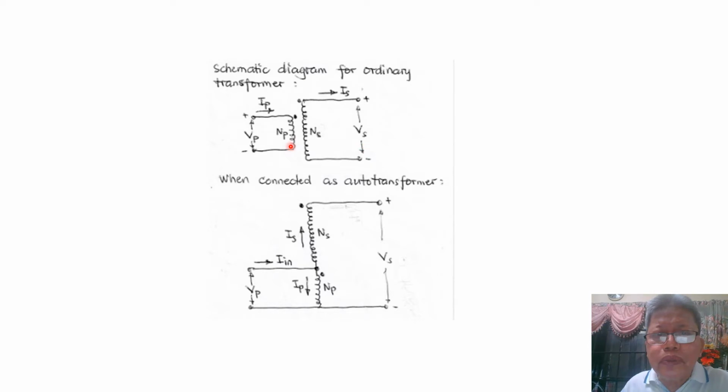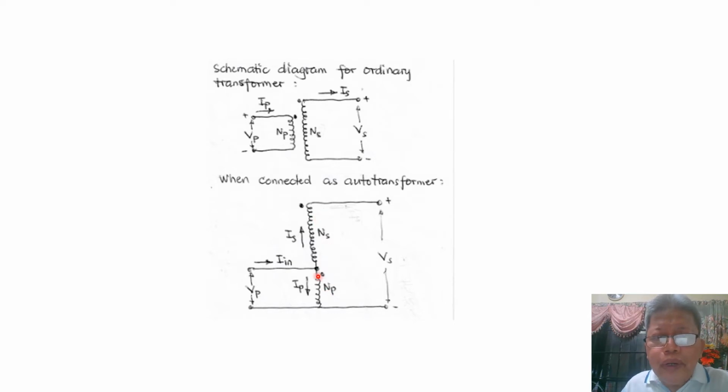Now this two-winding single-phase transformer can be connected as an autotransformer by connecting this end of the secondary to this point of the primary. So we have this point here, and then of course we have this total winding of the secondary, with Ns as the number of turns.